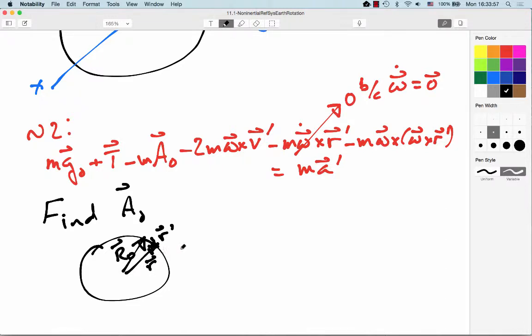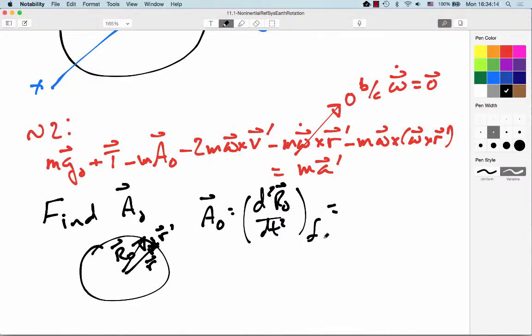Okay, so our a naught will equal d squared r naught dt squared in the fixed frame. So we're going to have to take the time derivative in the fixed frame twice.